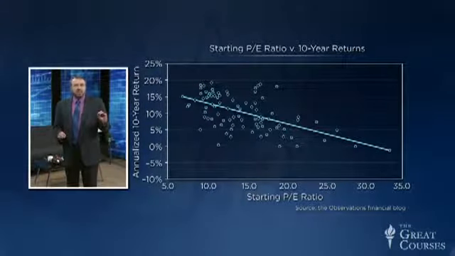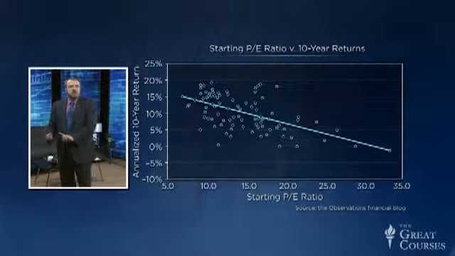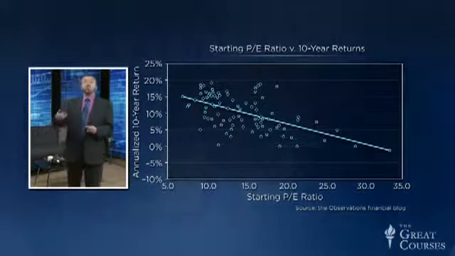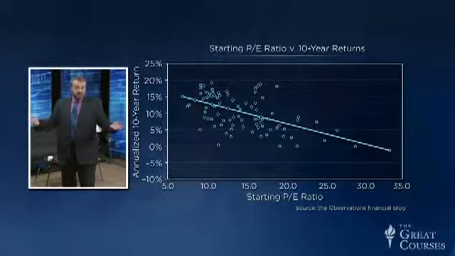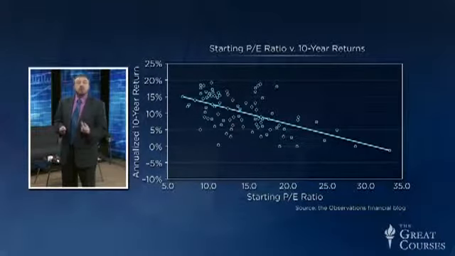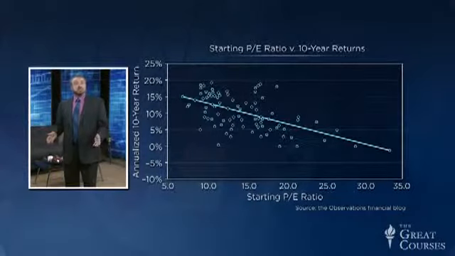The higher the PE, the lower the subsequent 10-year return tends to be. On average, an increase of 1 in the PE, maybe to 15 from 14, tends to produce an annual return of about 0.6 of 1 percentage point less. Over 10 years, that's over 6%.